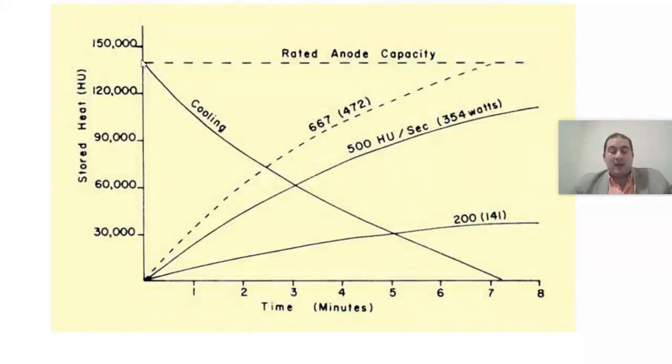It will allow you to operate between 90 to 130, so there are about 40,000 heat units that you can work with, and you cannot exceed that. If you want to conduct a triphasic examination, it will require significantly higher heat units, so you need to wait longer for the cooling to drop to a lower value before you can perform your examination. Additionally, always ensure that the equipment is functioning optimally.